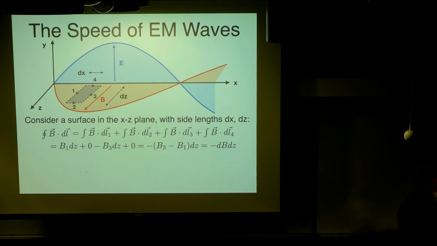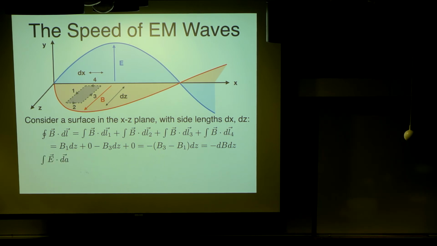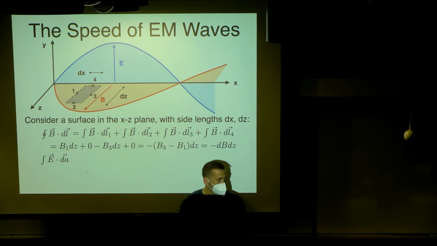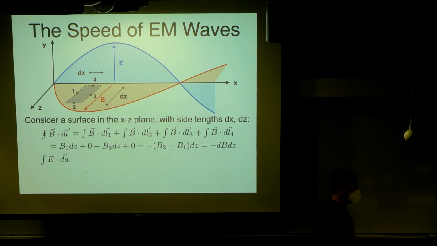Okay? All right, we're going to do one other thing here. We're going to do the integral of E dot dA. If you look at this surface, there will be E field lines coming through it, right? And I can definitely calculate the electric flux through that surface, which is E dot dA.